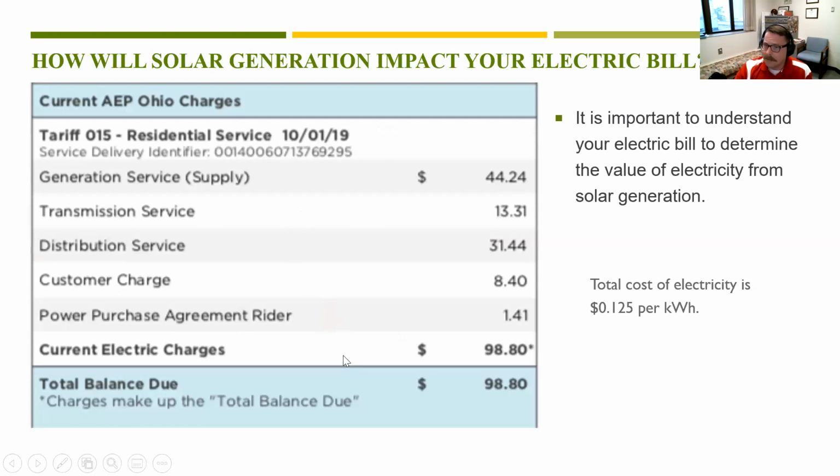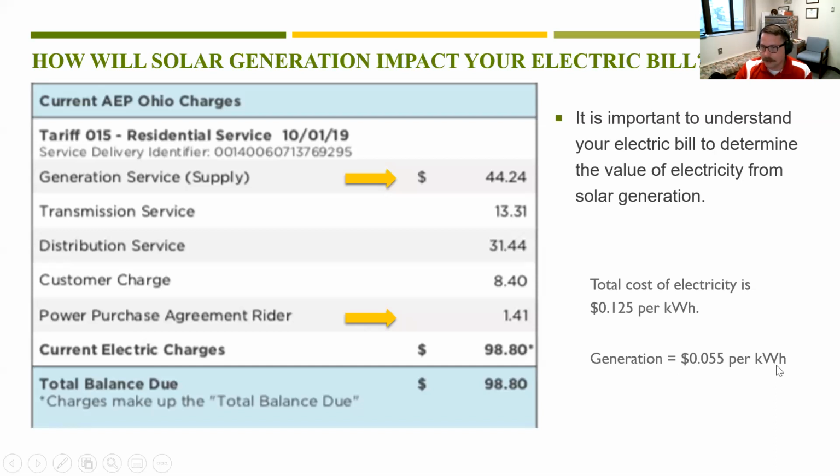This is the same bill, but in a different section of the paper where it's broken out a little bit. Here we have the generation or supply section. This is the energy charge, and they're charged $44.24 plus a little bit of a rider. If we divide that out, we're paying 5.5 cents per kilowatt hour for the energy itself.